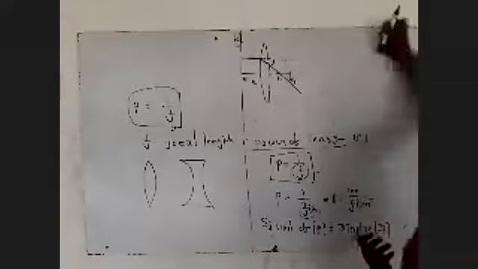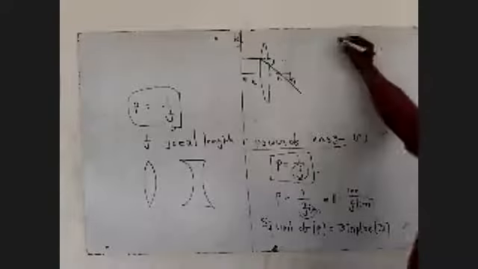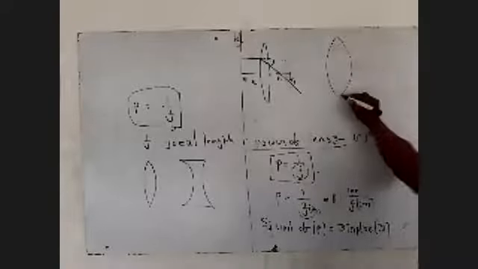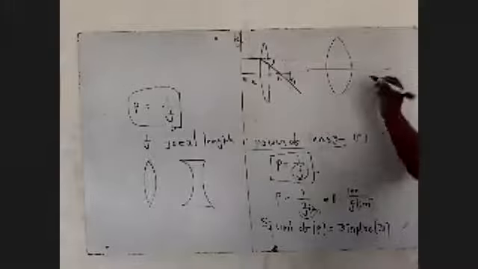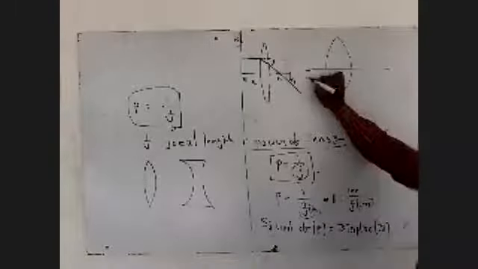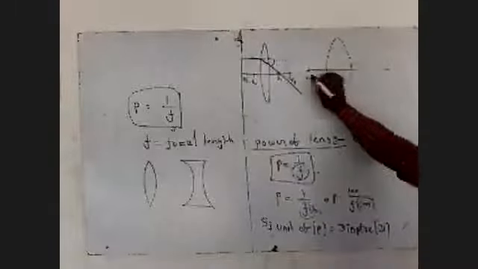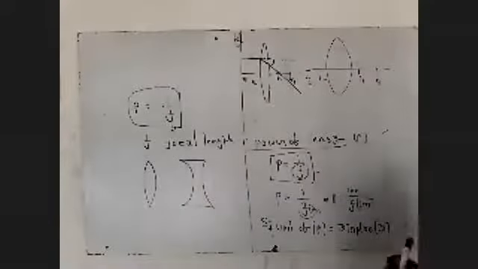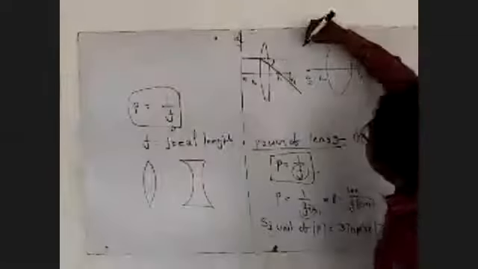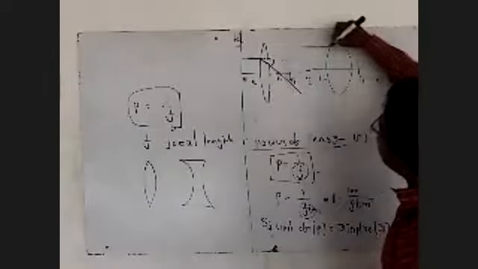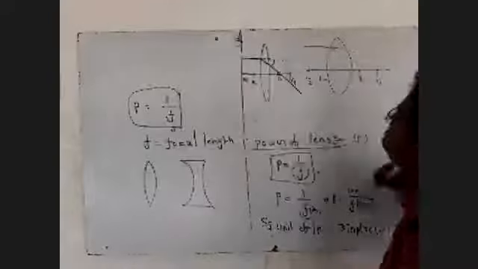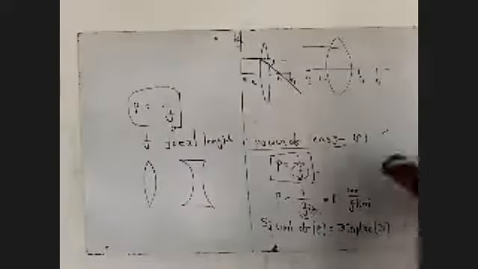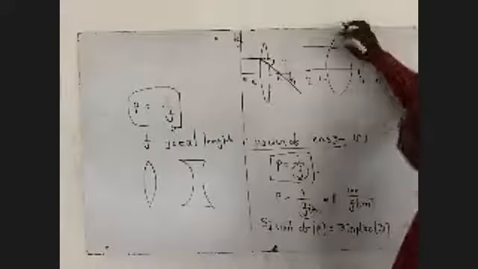For example, this is a convex lens, with C2, F2, F1, and C1.